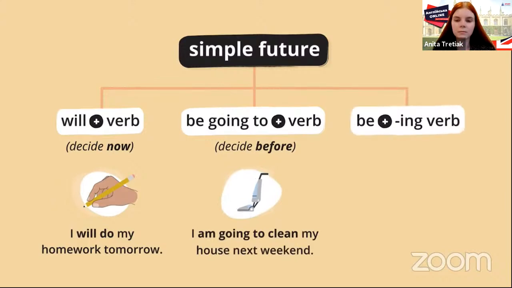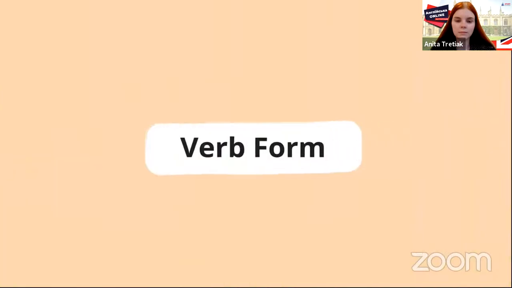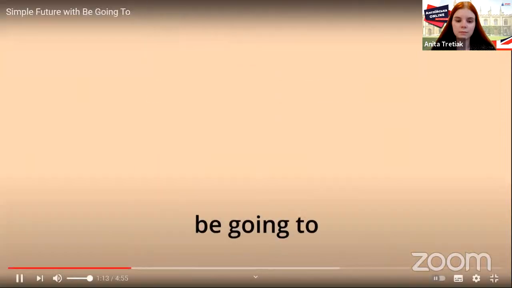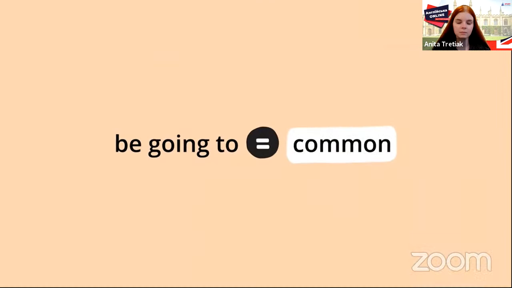We also use be and an ing verb to talk about existing future plans. For example, I am taking my dog for a walk after class. The simple future with be going to is very common, especially in spoken English. It is followed by a base verb.